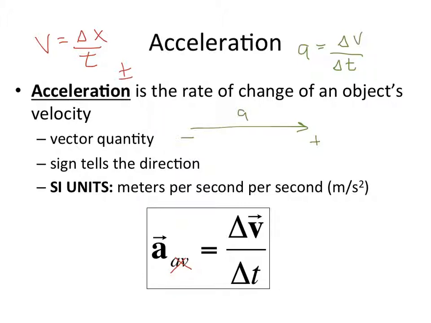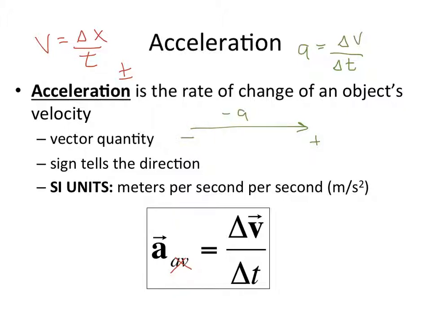Either way, it's still a velocity because it's direction dependent. And if there's a sign out front, it will tell you what the direction is. We're assuming it's on some sort of pre-established coordinate system. So if there's not a negative out front, then that assumes that's the acceleration. If there is a negative out front, then that means the acceleration is that way as well.